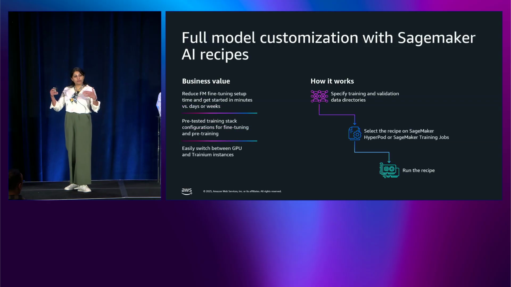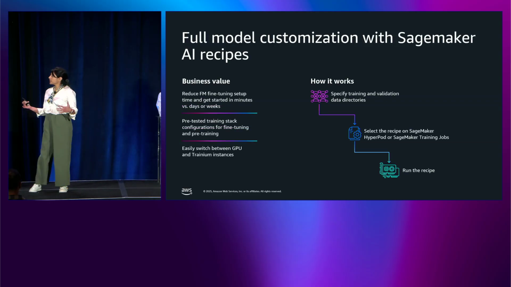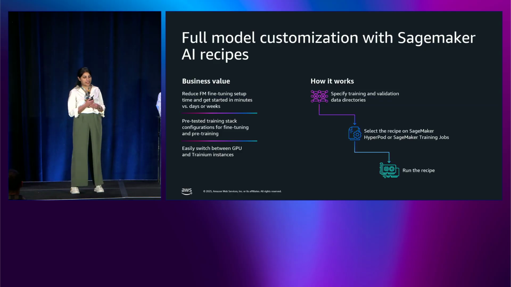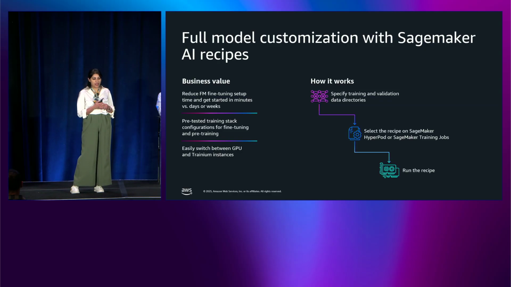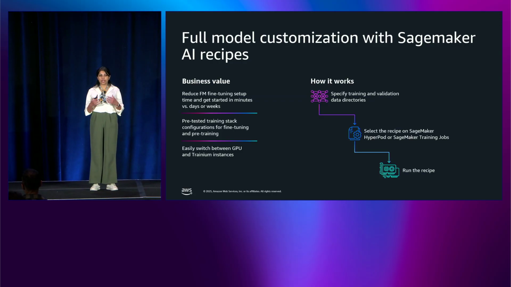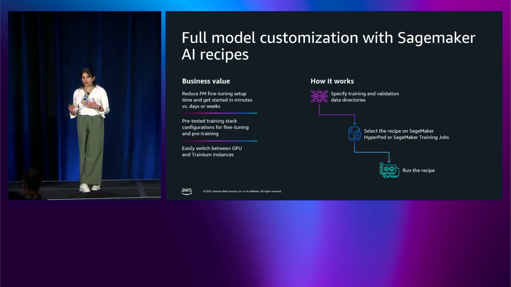But if you want to do a full customization, you can use SageMaker AI. SageMaker AI has these pre-built recipes for both fine-tuning as well as continued pre-training. These recipes make it easier for you. It takes away a lot of heavy lifting for customization.